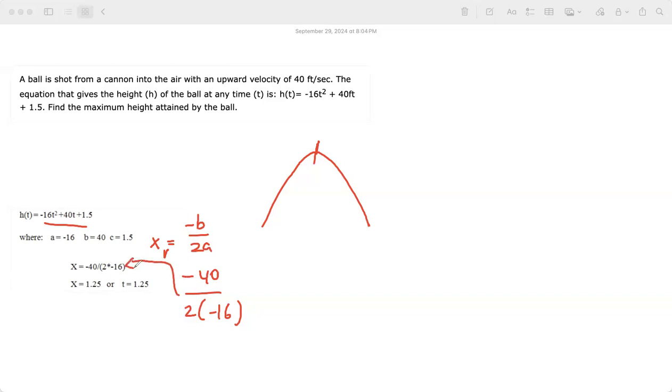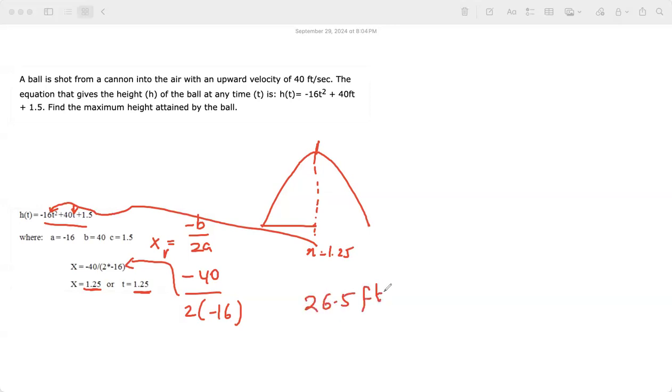So t will be 1.25. Now we have the equation, right? Plug it into t. What is the height you are getting, the y coordinate? That will be 26.5 feet. If you plug in the value, that is the height reached.